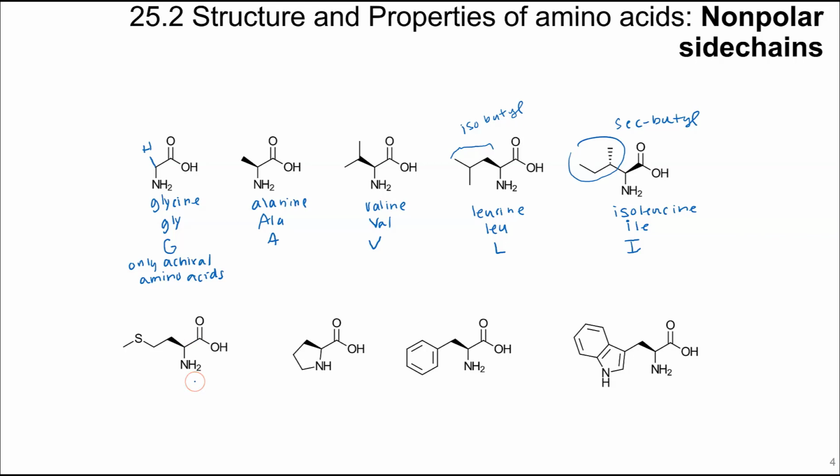One of the sulfur-containing amino acids is methionine. MET is the 3-letter abbreviation, and just M is the 1-letter abbreviation. Proline is the only amino acid that has a cyclic structure that's part of the side chain.